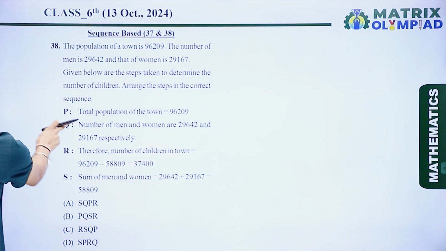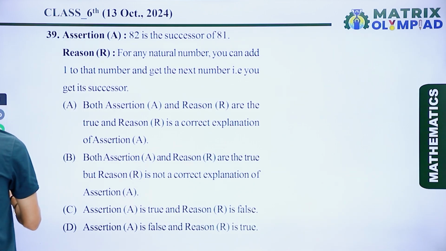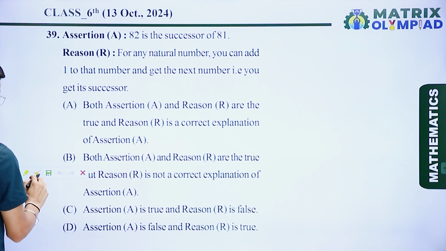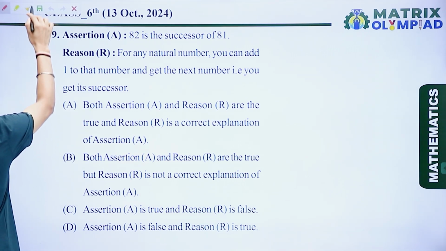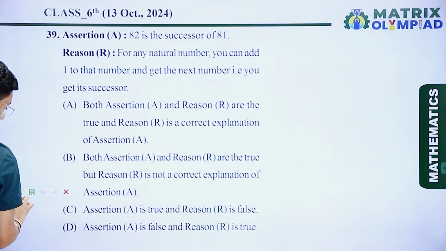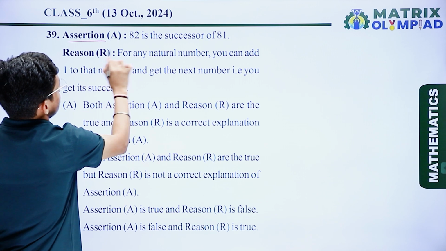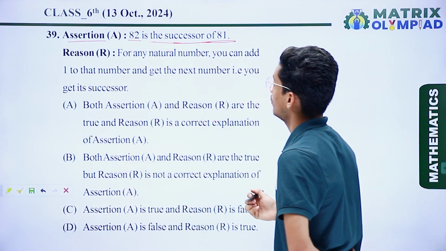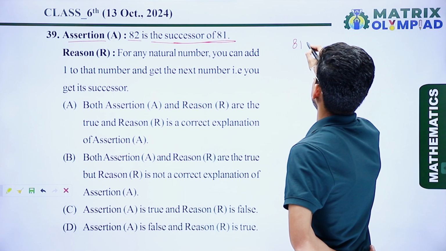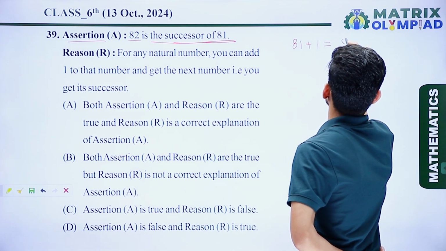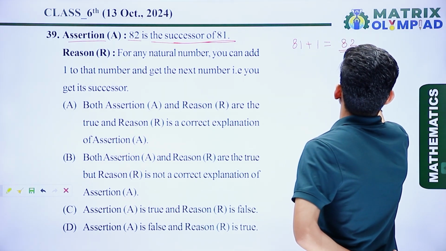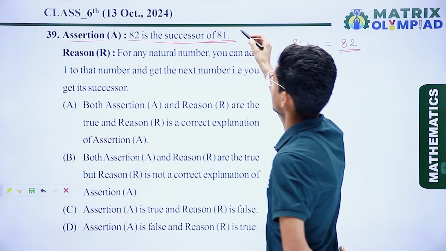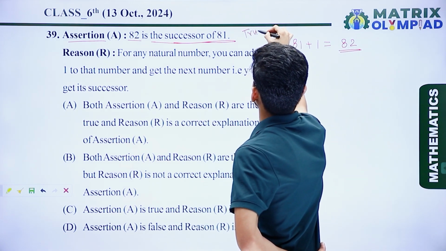So if I talk about the next question, which is based on assertion and reason. So here assertion, that is 82 is the successor of 81. So we know if I add 1 in 81, then I get the successor of 81, that is 82. So I can say that assertion is true.